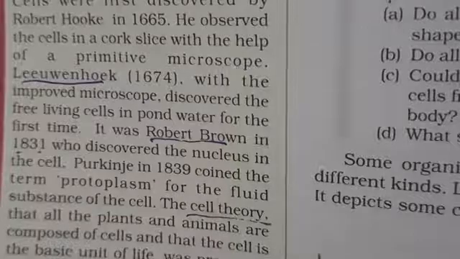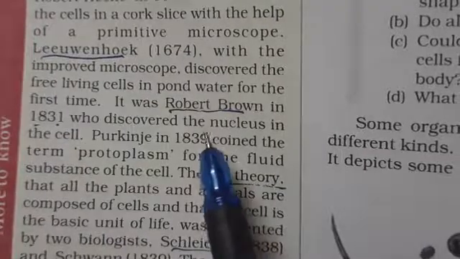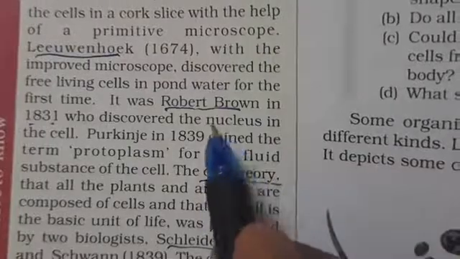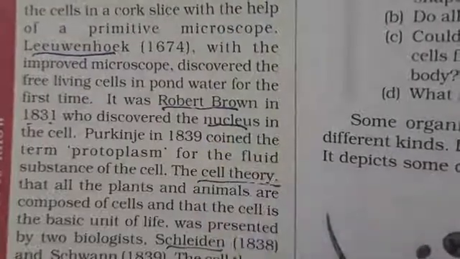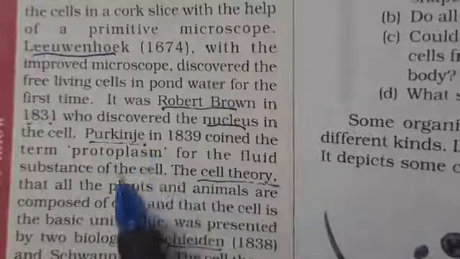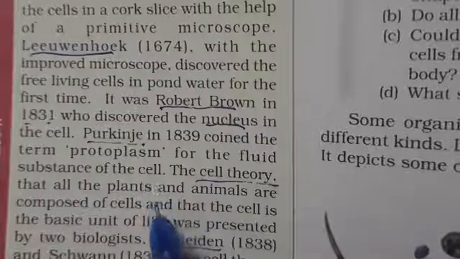But for the time being you will have to learn the names of all these scientists. And then Purkinje, another scientist, coined the term protoplasm for the fluid substance of the cell.